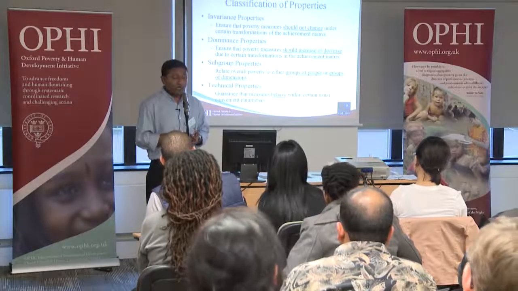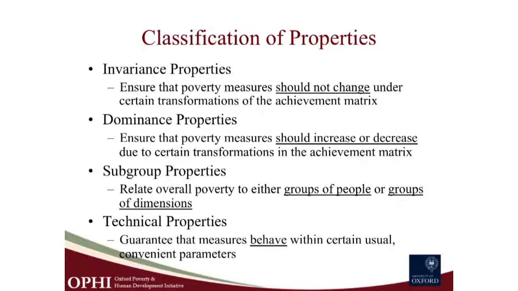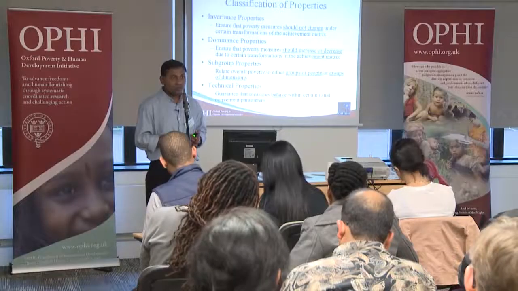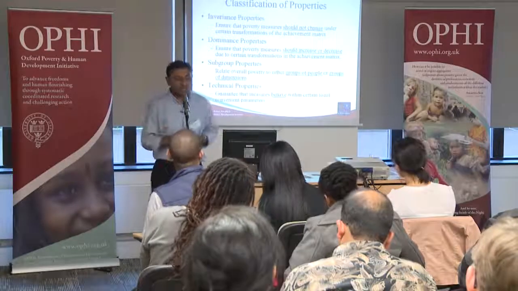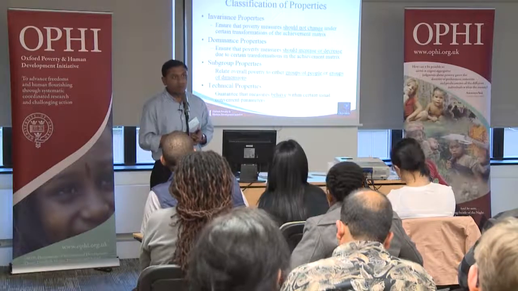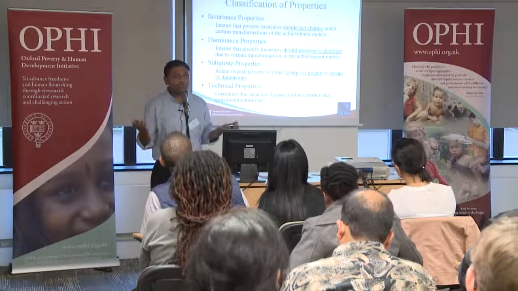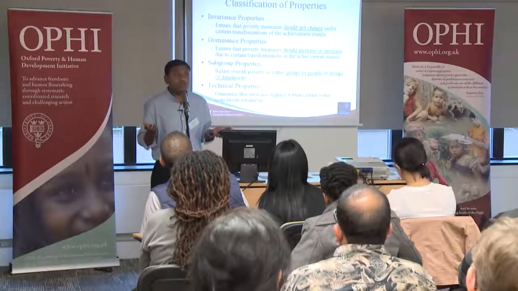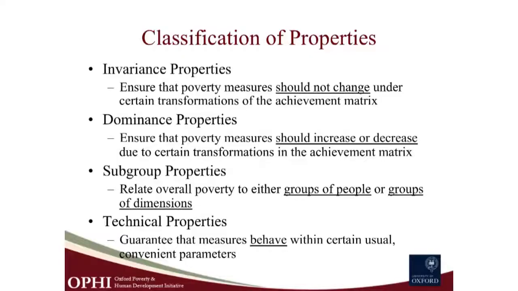Third, subgroup properties relate overall poverty to either subgroups of people or groups of dimensions. Here we will just focus on groups of people. Groups of dimensions will come in the multidimensional analysis. Subgroup properties relate to the overall poverty. Let's take an example. Suppose you have a society with 2 different groups.